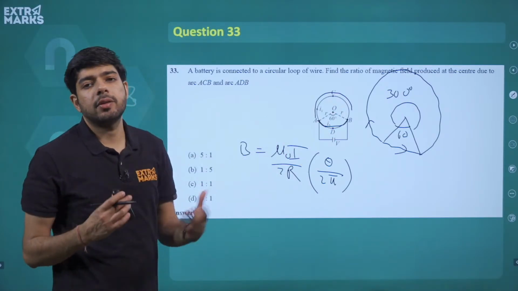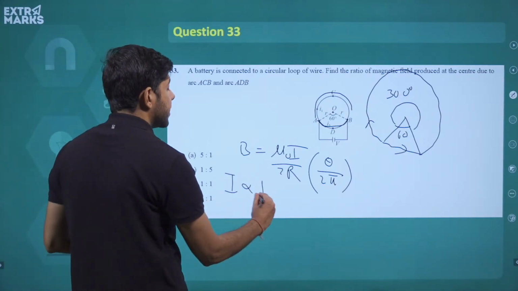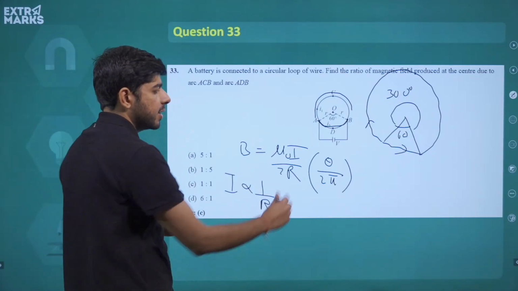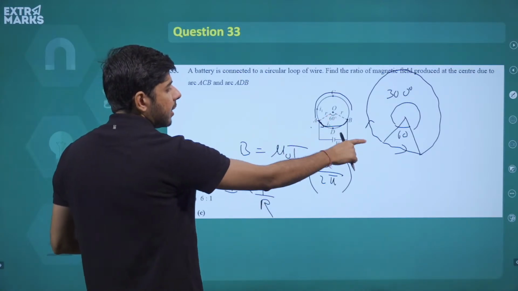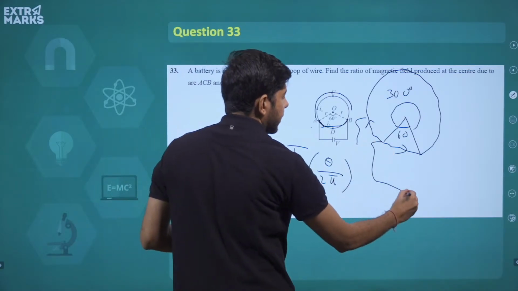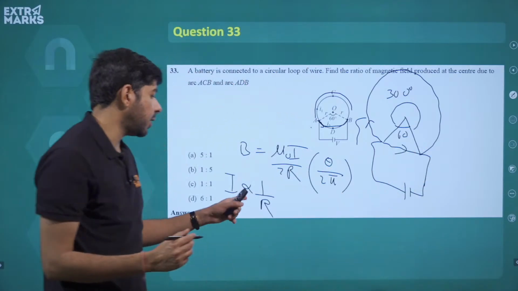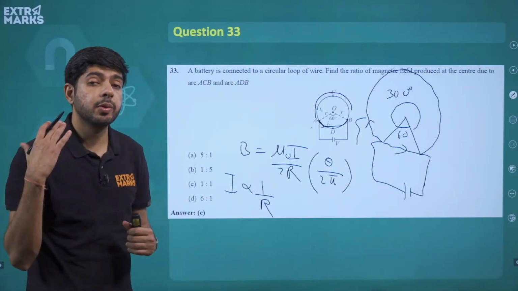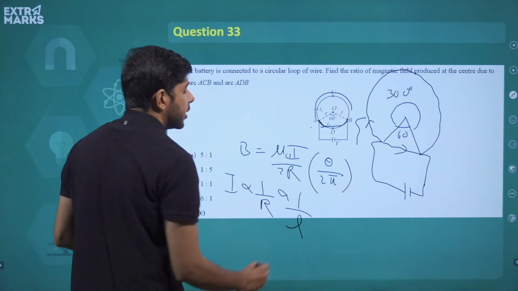But current is also different. And guys, we know current is inversely proportional to resistance, right? Because potential is same. They are in parallel. If you can see this part and this part, they are in parallel because the battery is connected here. So potential is same, so current is inversely proportional to resistance, and resistance is proportional to length.